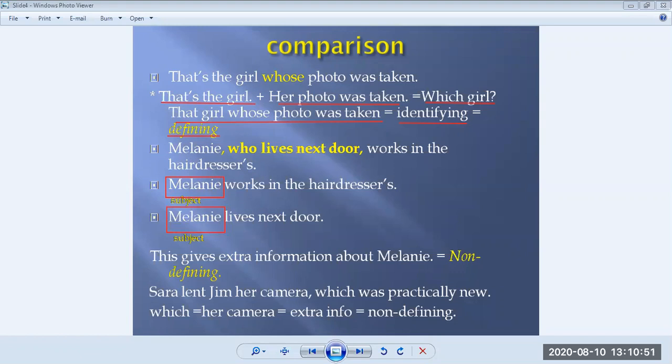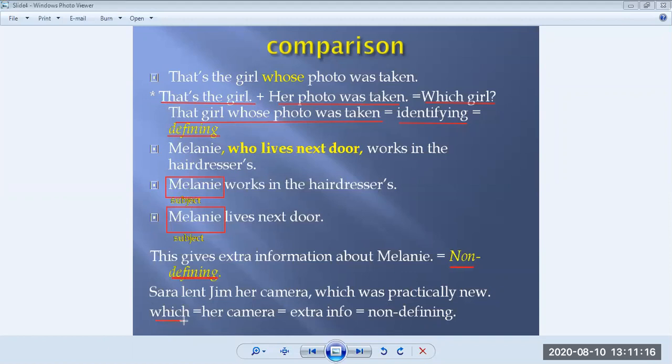Melanie lives next door, Melanie works in the hairdressers. So this gives just extra information about Melanie. That's why it is, as we say, non-defining.